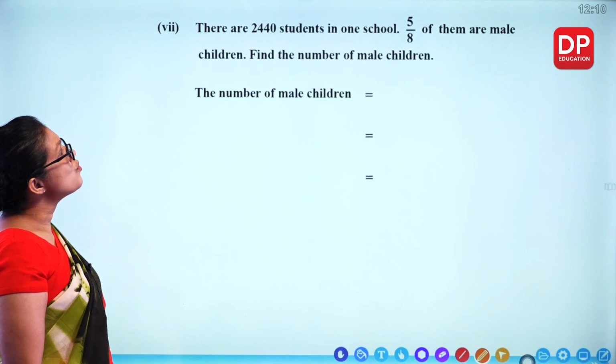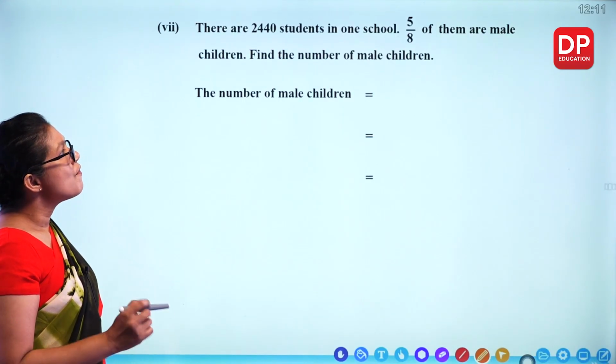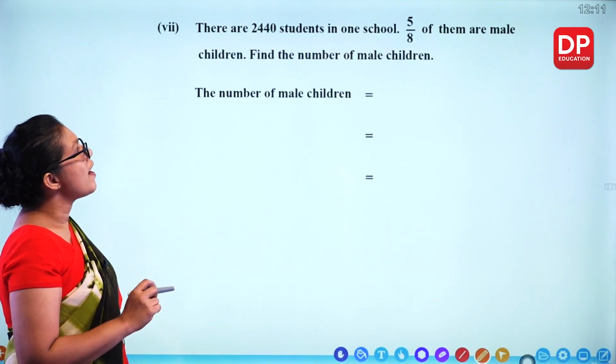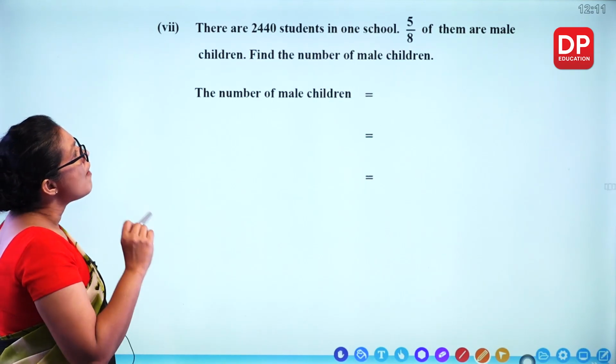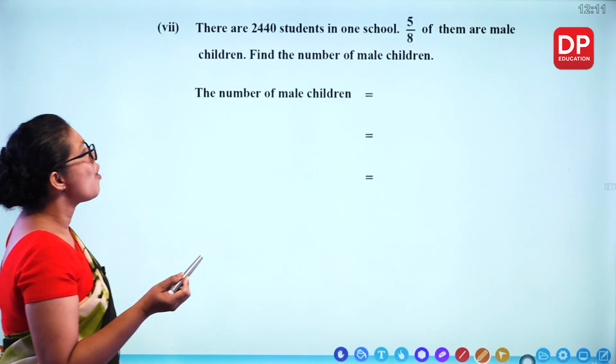There are 2,440 students in one school. 5/8 of them are male children. Find the number of male children. This is like 5/8 of 2,440.